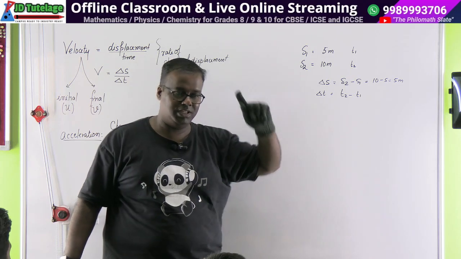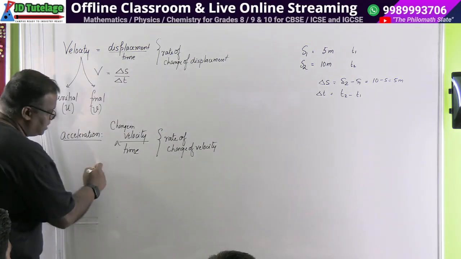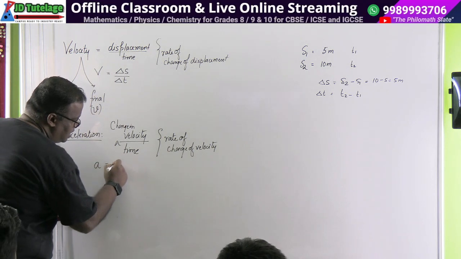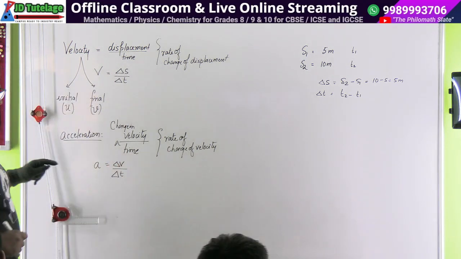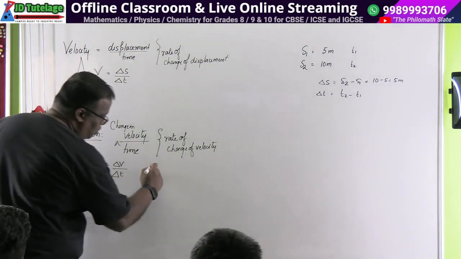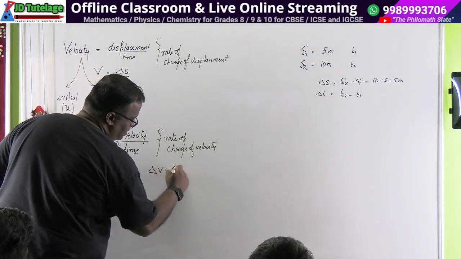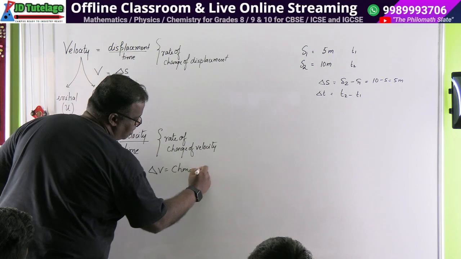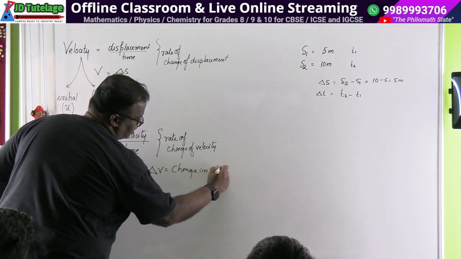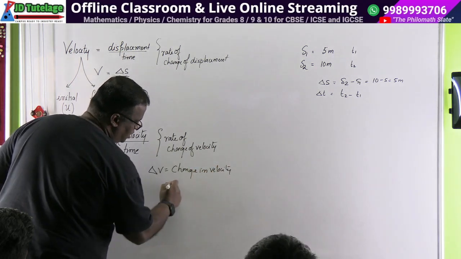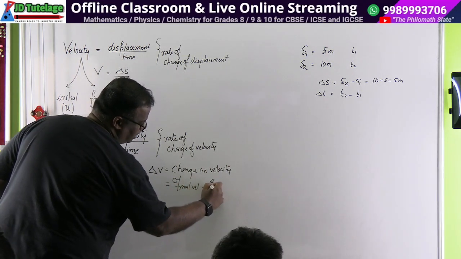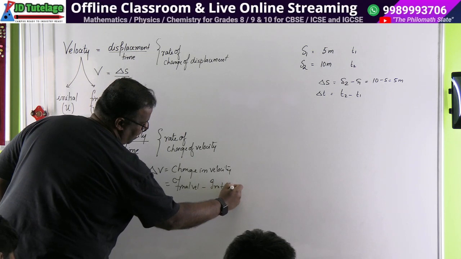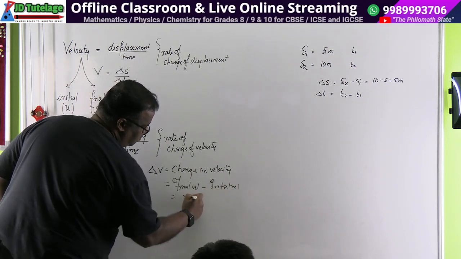Always remember that. So how do we write acceleration? a we will write as delta v over delta t. Delta v is change in velocity, which is final velocity minus initial velocity, v minus u.